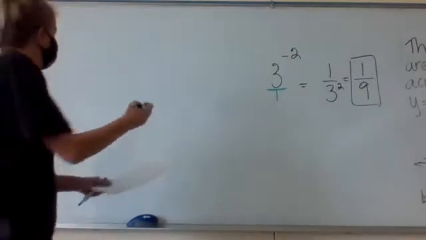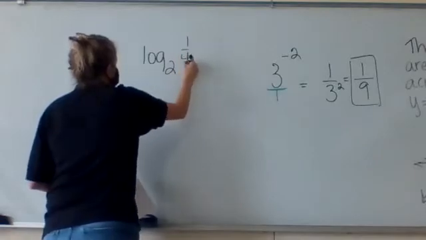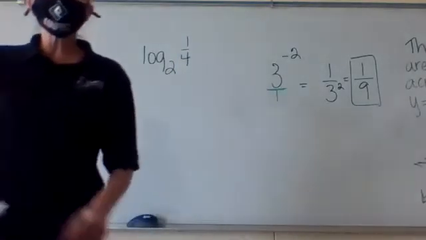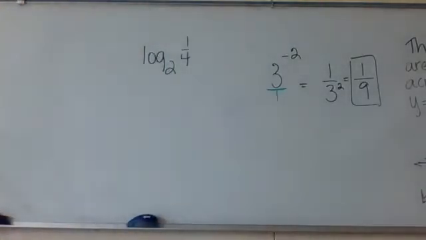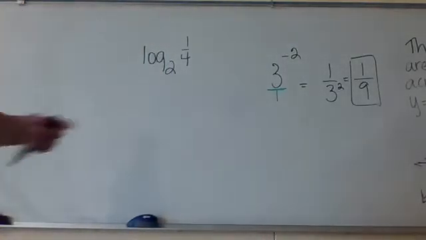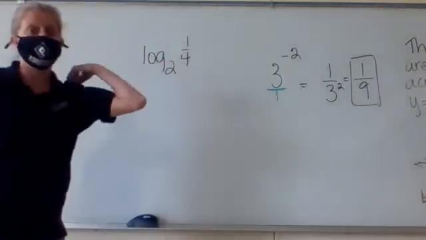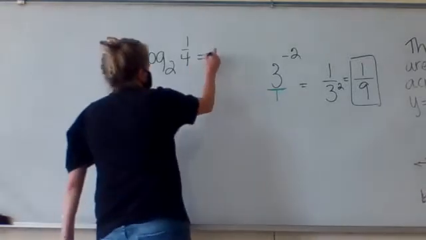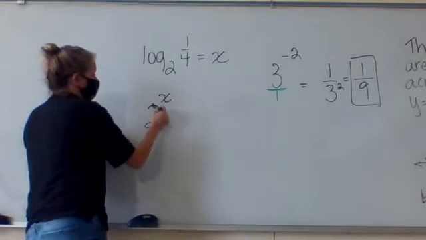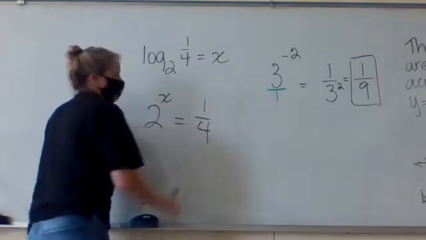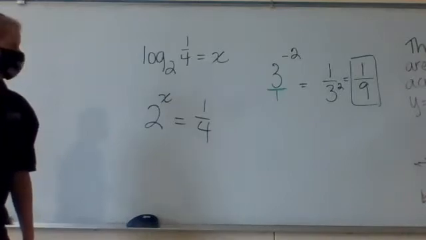Log base 2 of 1/4. So what would I raise 2 to turn it into 1/4? Well, if I'm going to turn this base into something smaller or a fraction, I'm going to have a negative exponent to do that. So let's think, if I turn this into an exponent, I have 2 to what power equals 1/4?